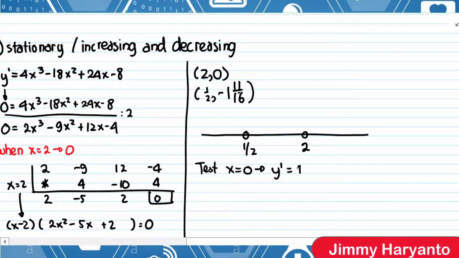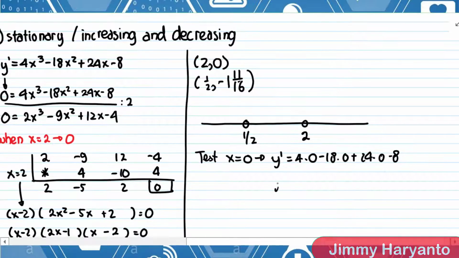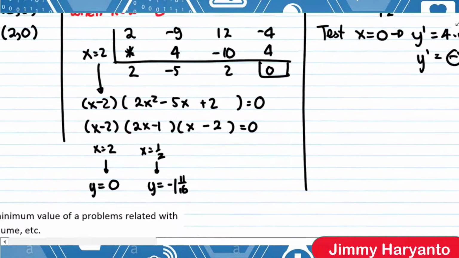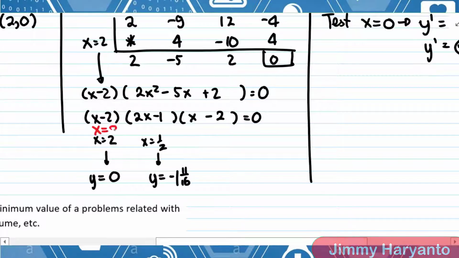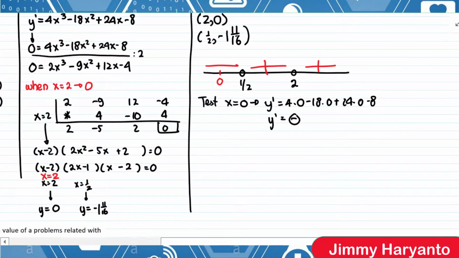So 4 times 0 minus 18 times 0 plus 24 times 0 minus 8, so the derivative will be negative. So this one is negative, this one is positive, and this one is positive. Please remember that when you have a repeated value of x, the sign will not change. So we have x equals 2 twice, and that means it will not change the sign.